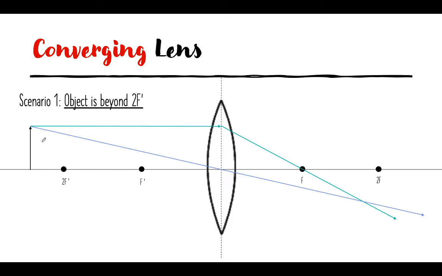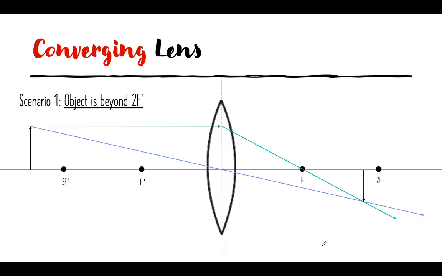Another distinction, I don't know if I explained this well enough in my mirror diagrams, but because the lines of the light start off at the top of the arrow, wherever those lines meet, that's where the top of my arrow will go. So if I keep the top of my arrow here, it means that my image is going to be upside down. That's why we have an upside down image here. So I've just drawn my image where the lines meet.